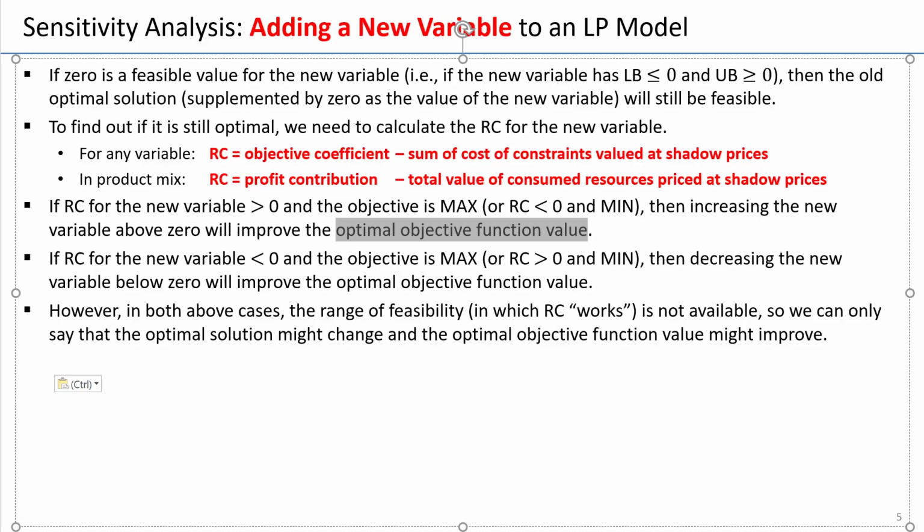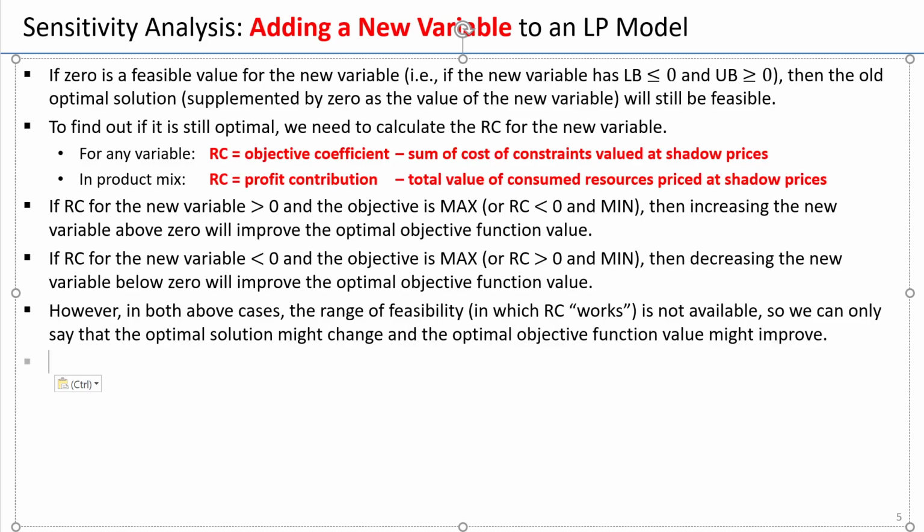However, we really can't be sure we will improve because we don't know how long the range is in which the reduced cost works. It might be that this range is such that the allowable increase for this lower bound of the decision variable is actually 0, right? So we wouldn't really get the improvement in the optimal objective function value, despite having positive reduced cost.